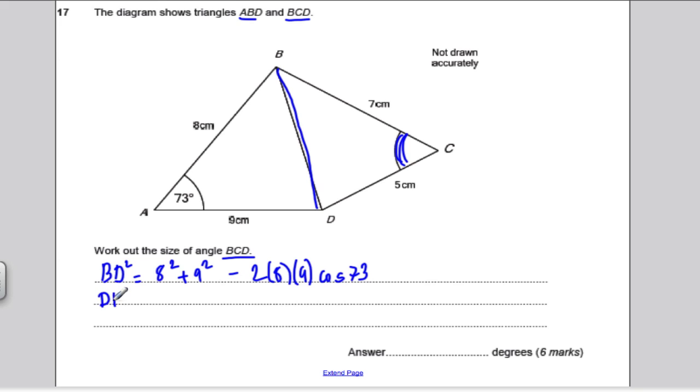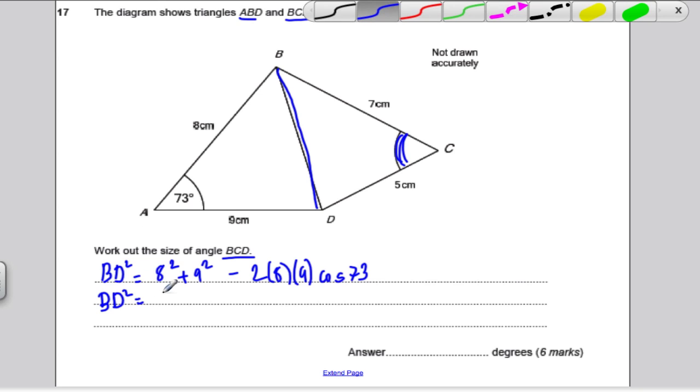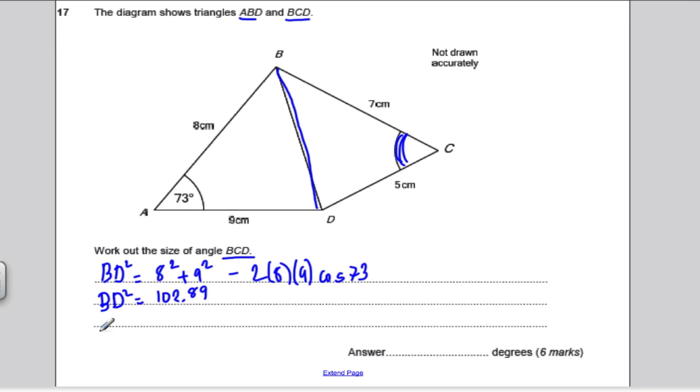So BD squared, well, let's just work it out. So working it out, you get BD squared to be approximately 102.89. So taking the square root to get BD, you get about 10.14. So this side here is 10.14.